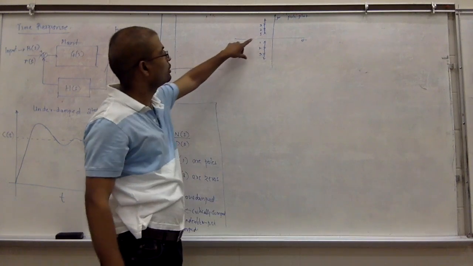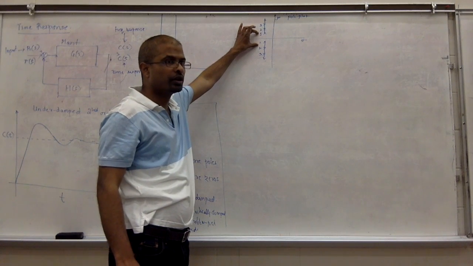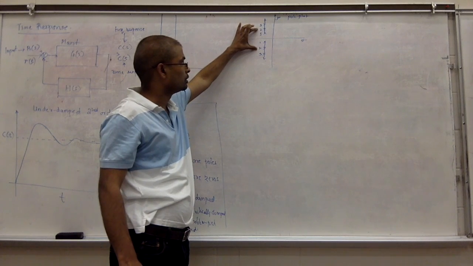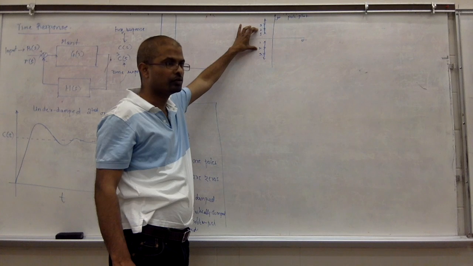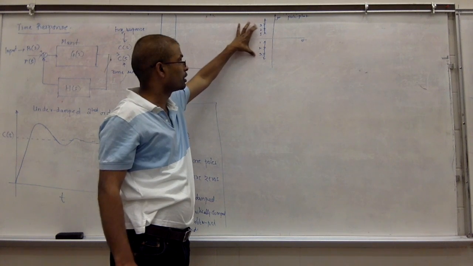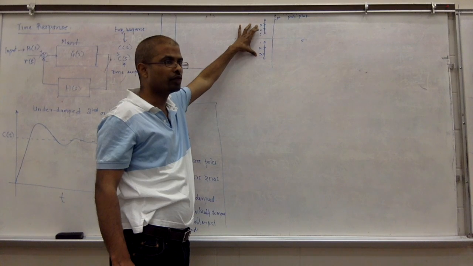So here for system 1, the roots are real and complex. For system 2, you're keeping the real part the same, but increasing the imaginary component. This makes sense? Similarly, for system 3, you're keeping the real component the same and increasing the imaginary component.